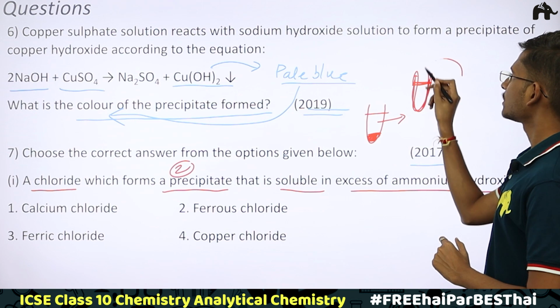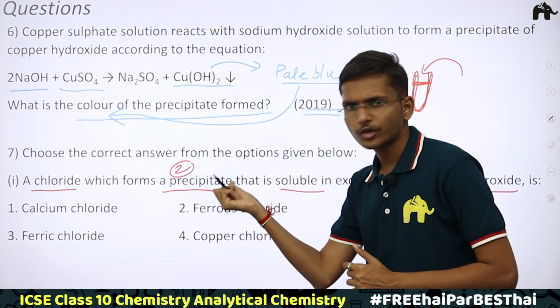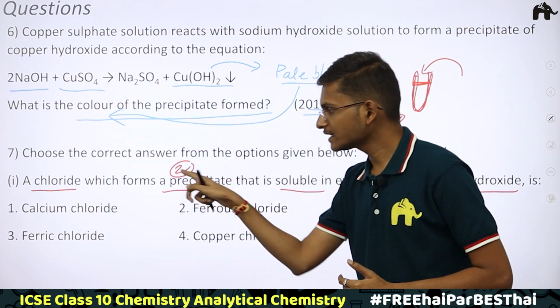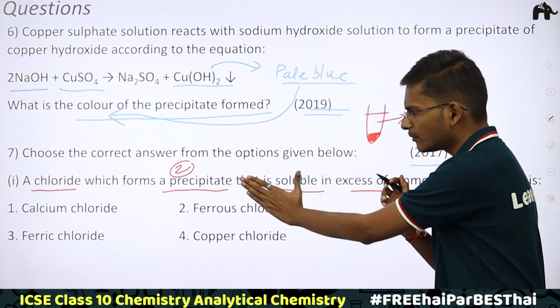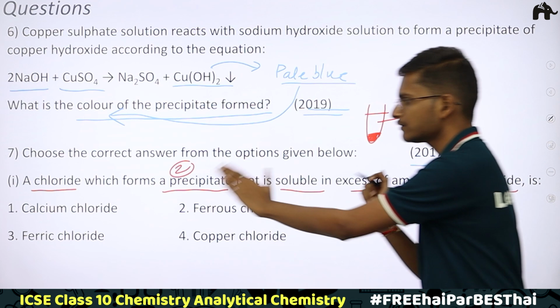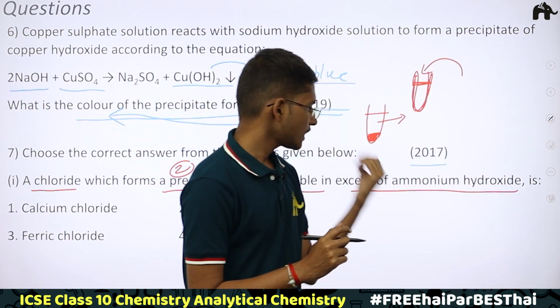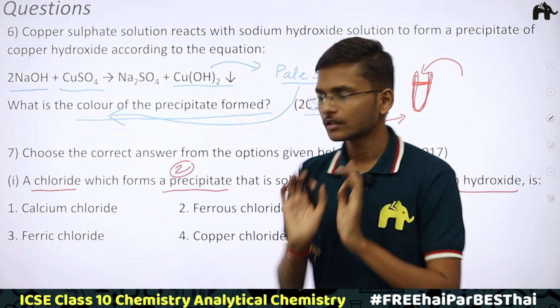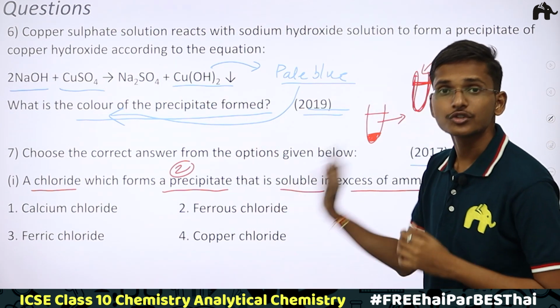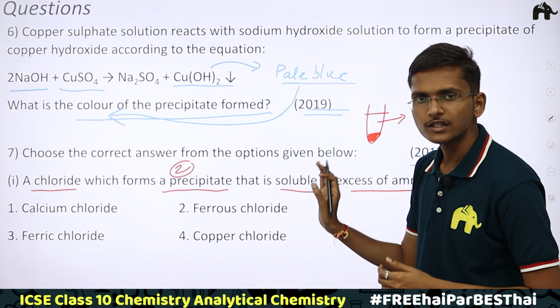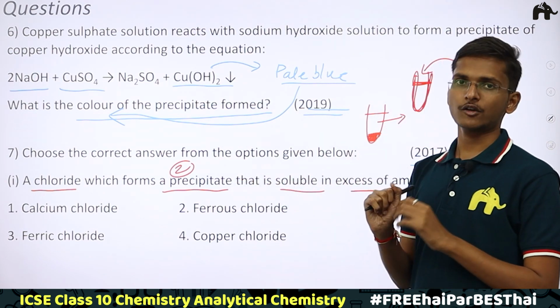Now the second point we have to figure out is that it is forming a precipitate with ammonium hydroxide. Let's check which of these metallic chloride solutions form a precipitate with ammonium hydroxide first of all.